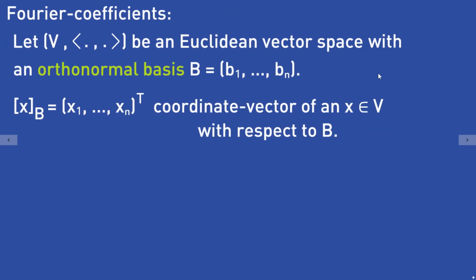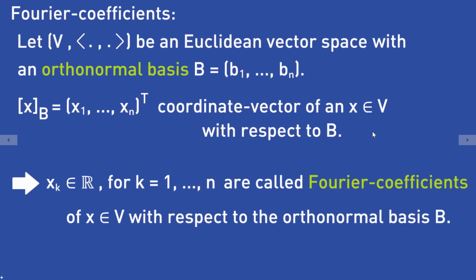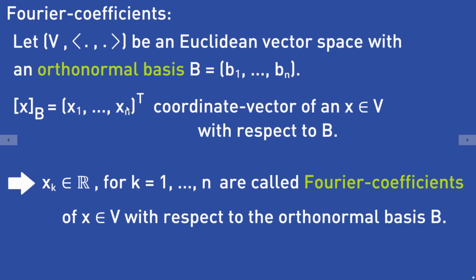Let [x]_B = (x1, ..., xn) be the coordinate vector of a vector x in the space V with respect to that orthonormal basis B. Then these real numbers xk, for k equal to 1 to n, are called Fourier coefficients of the vector x with respect to the orthonormal basis B.